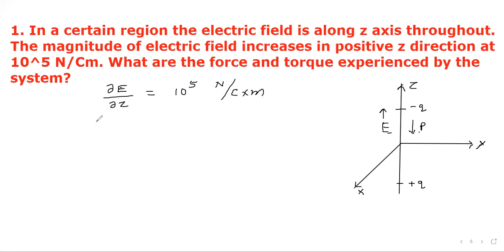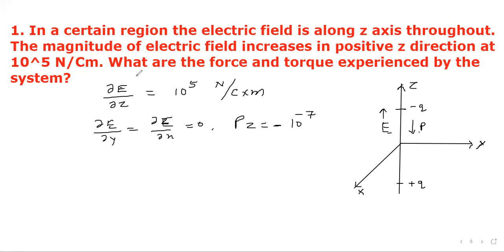And in other directions, del E upon del Y equal to del E upon del X would be 0. And here the direction of the dipole is downward, meaning negative z direction. So we can say Pz is minus 10 power minus 7.